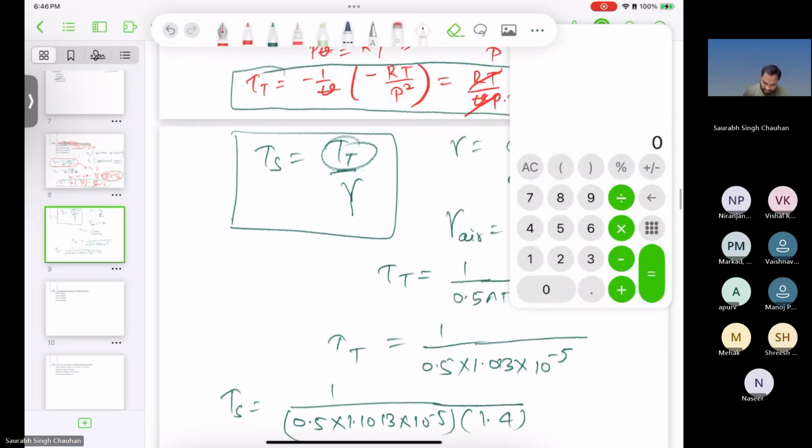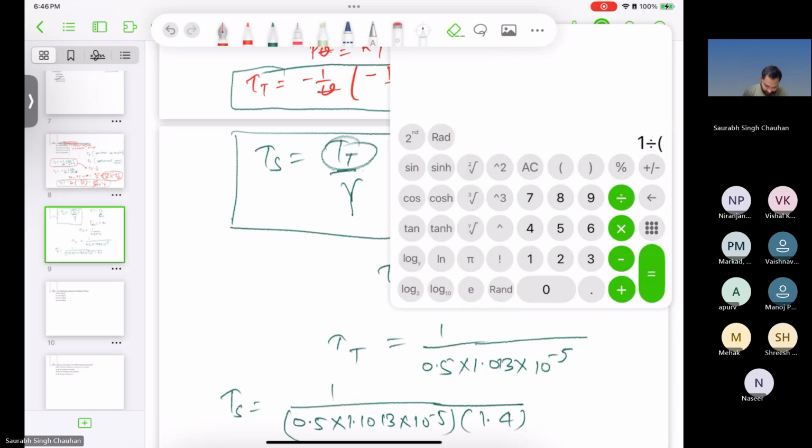Let us calculate it. 1 divided by 0.5 times 1.013 times 10 to the power, not minus 5, it is plus 5, sorry, 10 to the power 5 pascals, times 1.4.